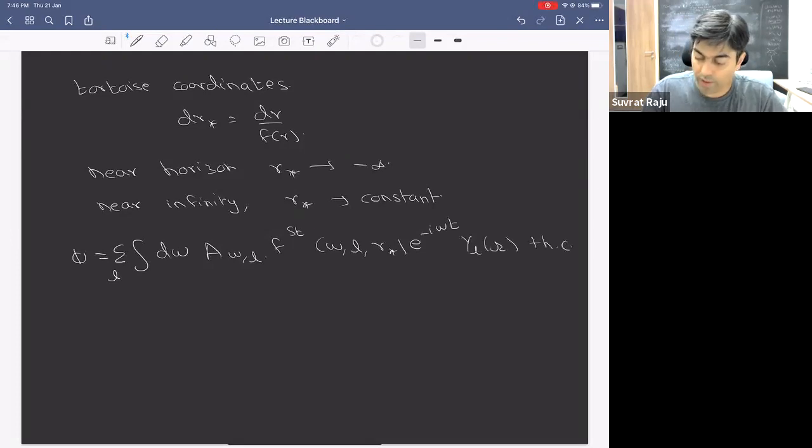This solution is now a standing wave solution to the wave equation. Why is it a standing wave solution? Because we have imposed a boundary condition for the field at r equal to infinity. We have held the field fixed at r equal to infinity, and that's why we are not allowed to freely modify the e to the I omega r star and the e to the minus I omega r star terms the way we were allowed to do in flat space.